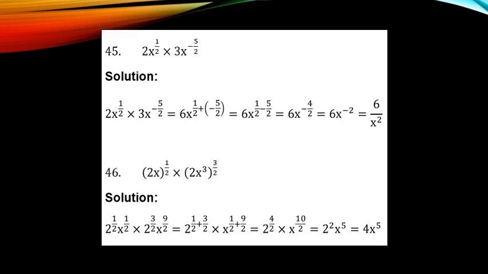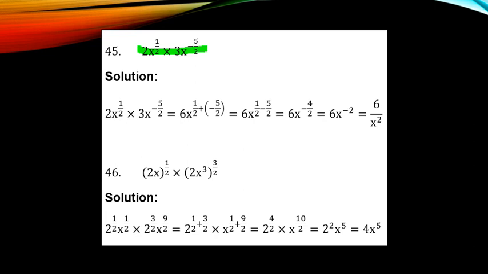Example 45. You have this expression: 2s power half times 3s to the power of minus 5 over 2. You can do it in two ways, but let's do the simplest one.